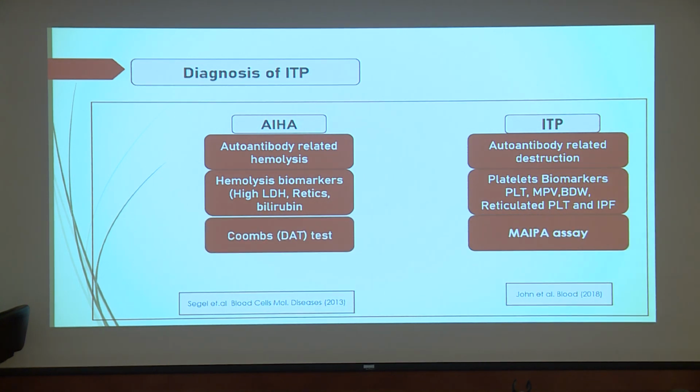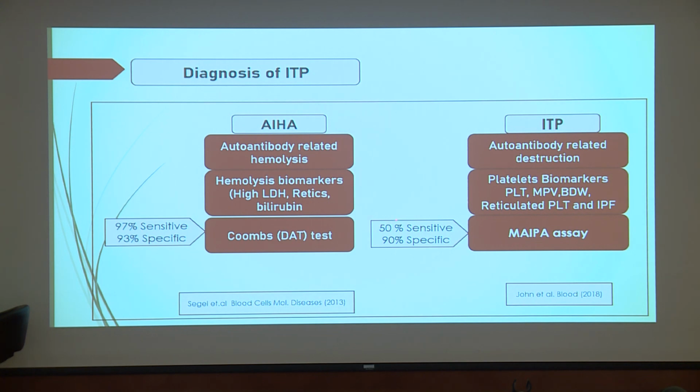But the problem is, here we have a pathognomonic test for autoimmune hemolytic anemia, while for ITP we still have a gold standard, which is the MAIPA assay, monoclonal antibody immobilization of platelet antigen. The problem comes from the lack of proper sensitivity in the MAIPA assay. We have high specificity, because the MAIPA assay targets glycoprotein 2B3A and glycoprotein 1B9 and von Willebrand factor glycoprotein, and the majority of autoantibodies are directed against those antigens.